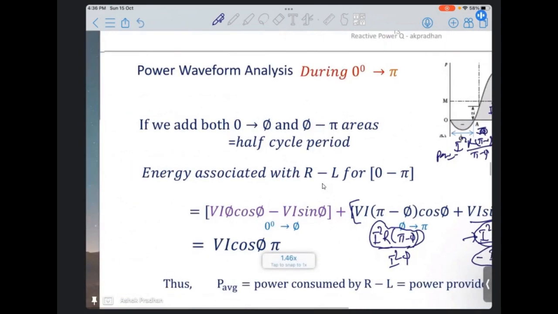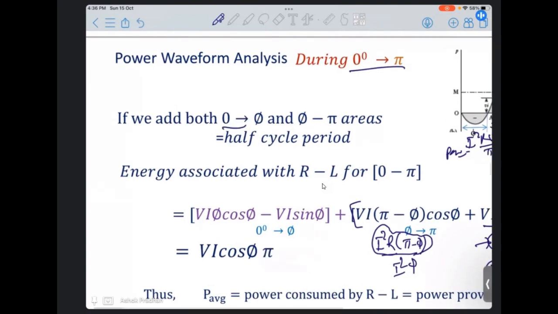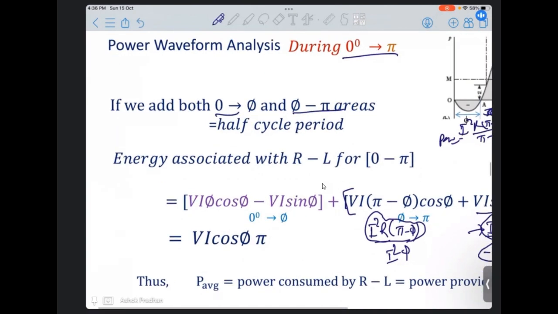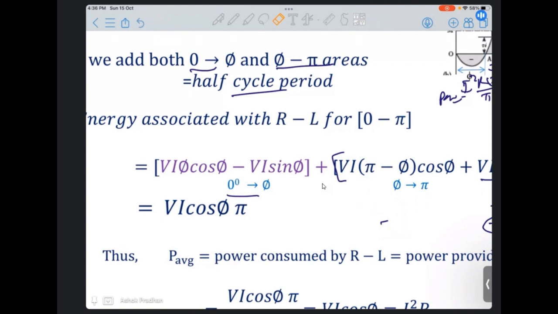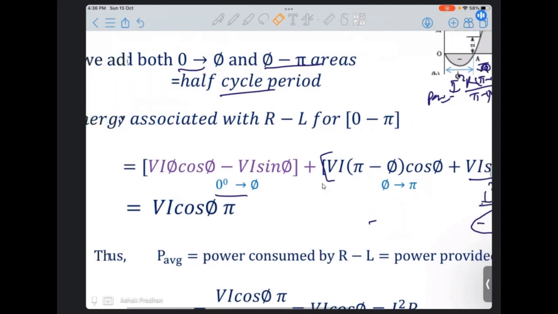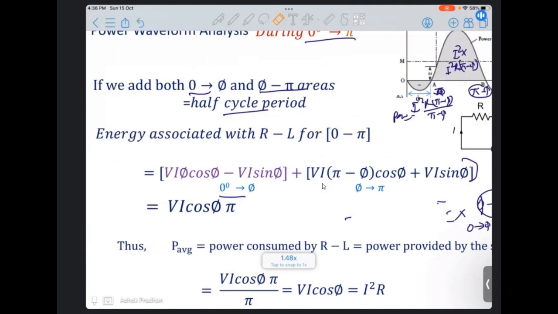Now let us see the power analysis over the 0 to pi half cycle. What happens? We add both the 0 to phi and phi to pi periods. So for 0 to phi, we got Vi phi cos phi minus Vi sin phi, and in the second part, phi to pi, we got Vi (pi minus phi) cos phi and Vi sin phi. So the total becomes Vi pi cos phi.